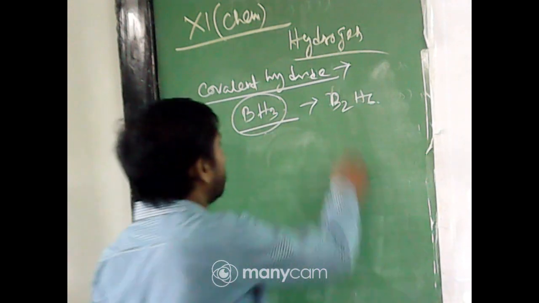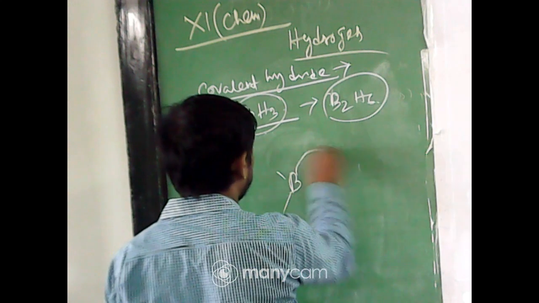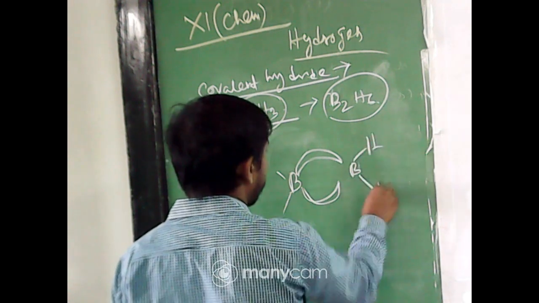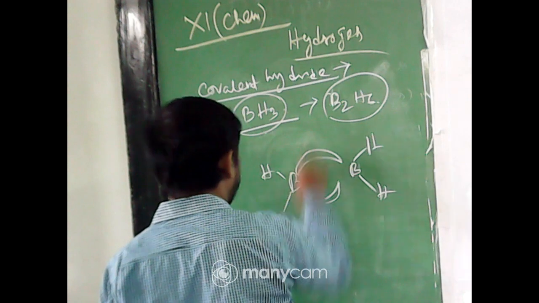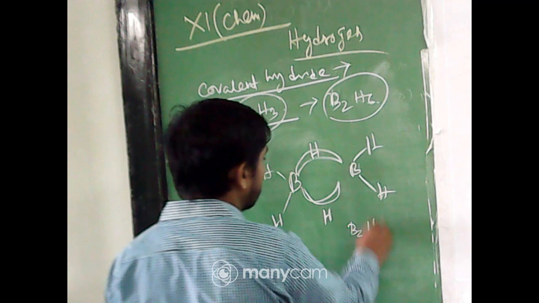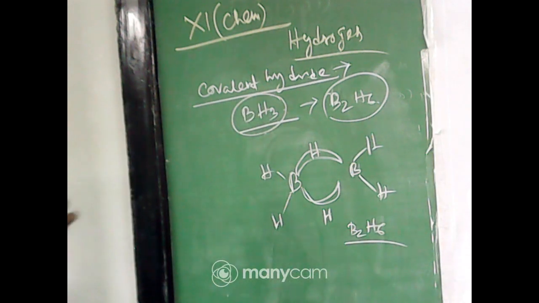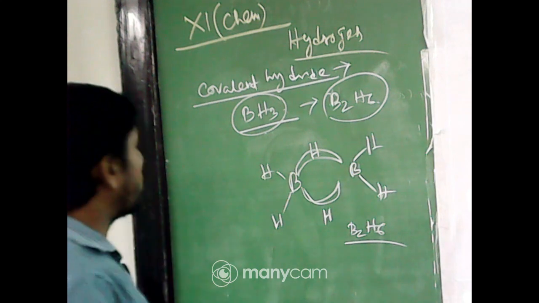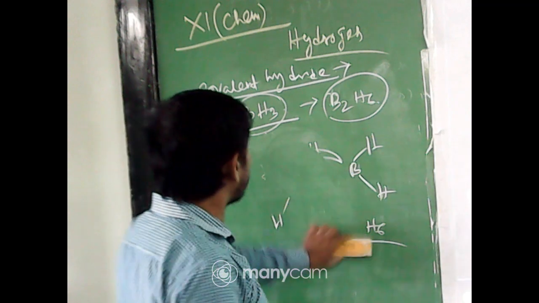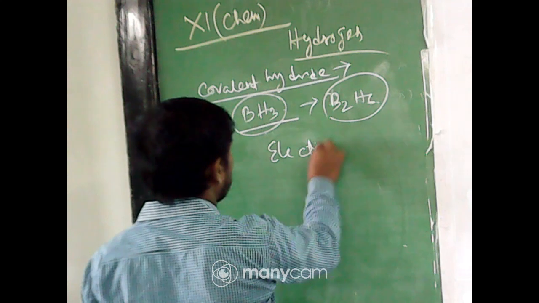For this reason it makes B2H6 by forming a banana bond. This is the structure of B2H6. It is a hydride formed by group 13 elements, and these hydrides are electron deficient.